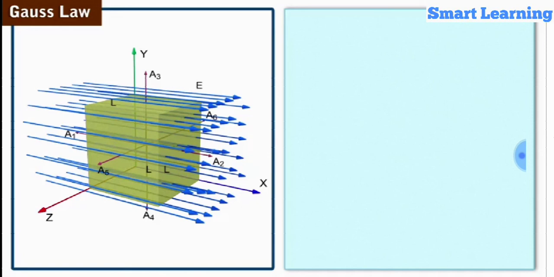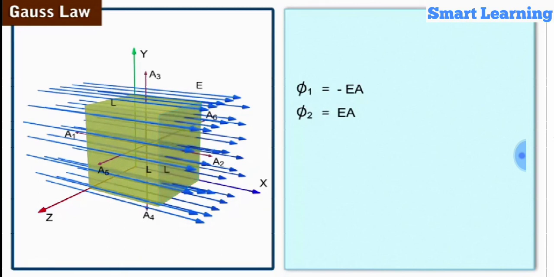Now we see the electric flux phi1 through face 1 is equal to minus EA, since it has inward flux. And through face 2, it is phi2, which is equal to plus EA, since the flux is outwardly normal to it.